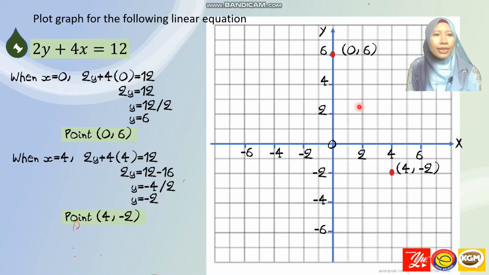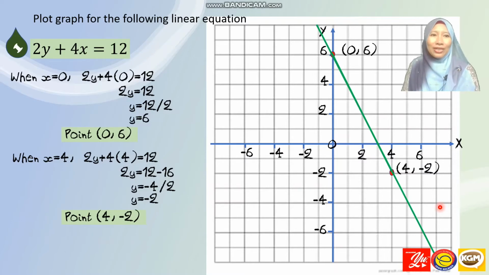Once we get the 2 points, you can just join these 2 points. And remember that for a linear graph, you can prolong this line. So that's it. We have finished the first linear equation, drawing the linear graph.